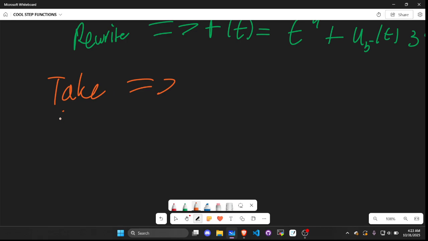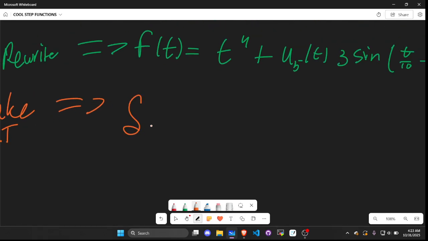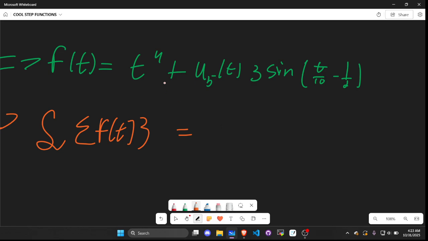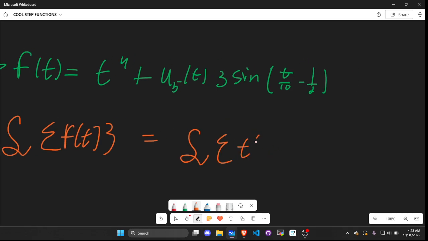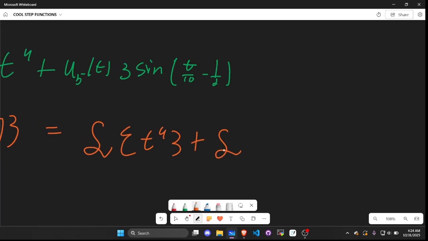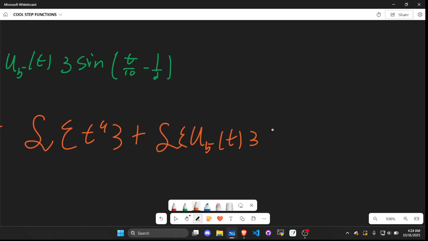We might as well, right? So we'll do the Laplace transform of f of t, which is equal to the Laplace transform of all this stuff. Well, we can write it out as each chunk discretely, and we can evaluate it from there using linearity. U sub 5 of t times 3 sine, and we're going to try and factor out the 1/10 here.